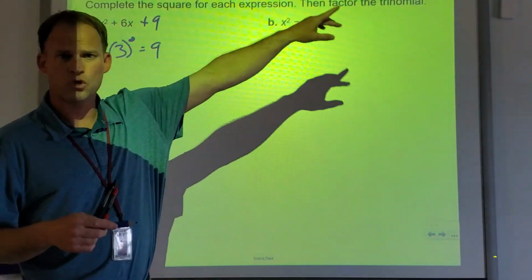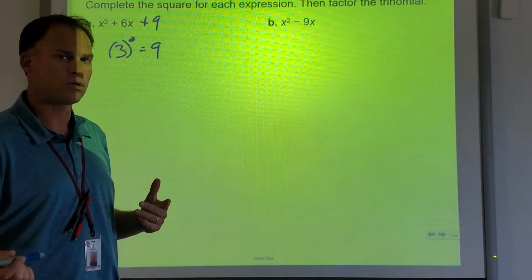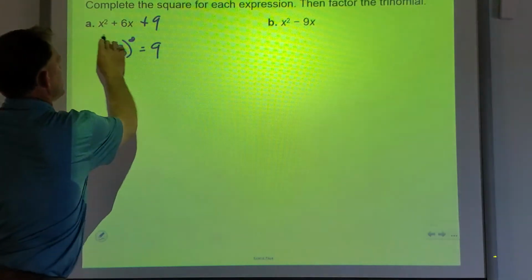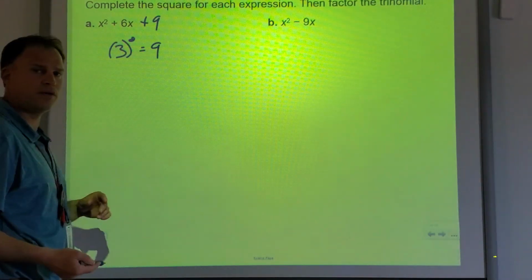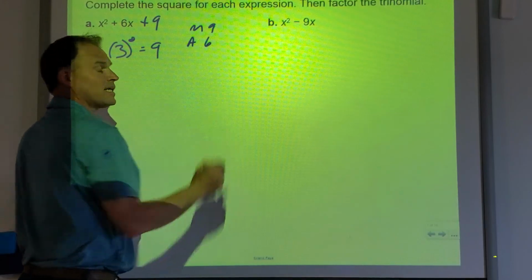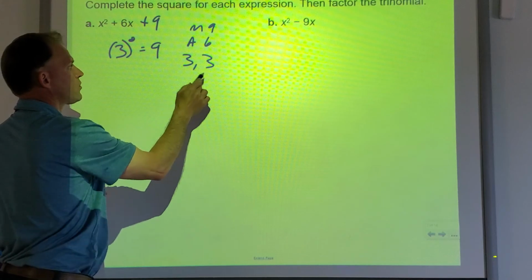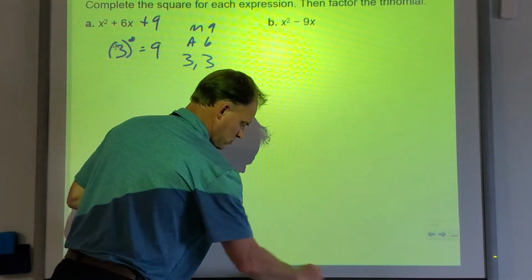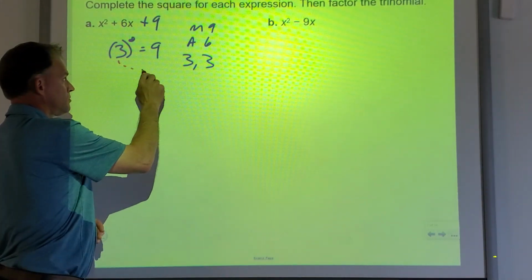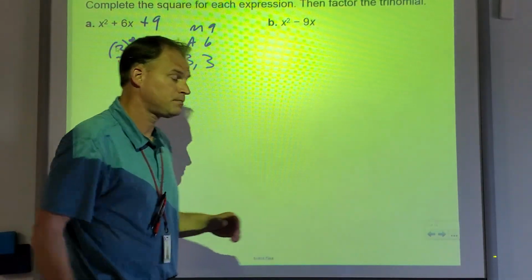Then factor the trinomial. So now I have this trinomial here, and it's going to factor. Okay? So if I take a look at this, how is it going to factor? Well, what multiplies to 9 and adds to be 6? Yeah, 3 and 3. Notice a connection.